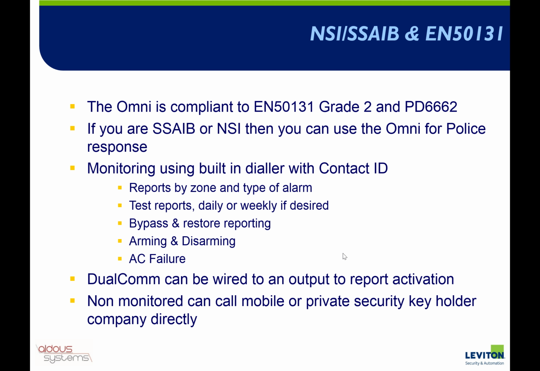In order to be able to get police response, the system also needs to be monitored by a monitoring station. And then if you have all those certifications, you can then get a unique reference number for the property, and the monitoring station can then call the police if it's a confirmed alarm.